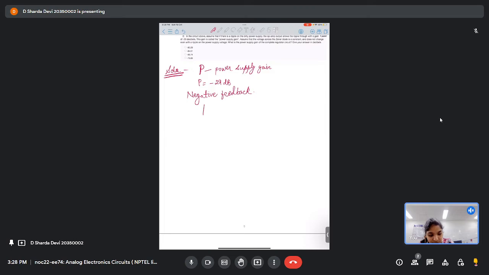So the new gain will be P naught upon A beta, which is P naught times (1 plus R2 by R1) by A, so 29 times (1 plus 23 by 19) by 1319.